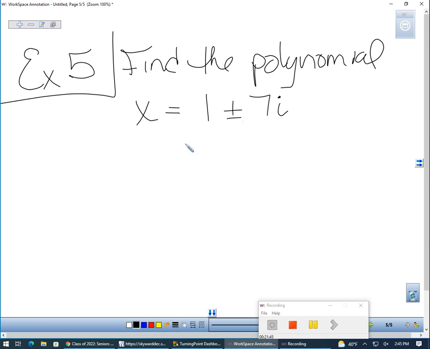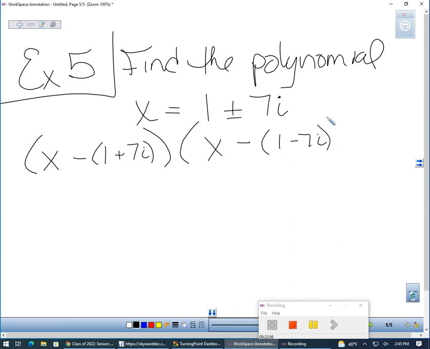This is what it's equal to, right? So this should be x minus, and I'm going to put this whole number in parentheses, 1 plus 7i. The second one I'm going to do is x minus, again in parentheses, 1 minus 7i. The reason I did that is because I want you to distribute the negative through, and see, that's why it goes in that way, right?